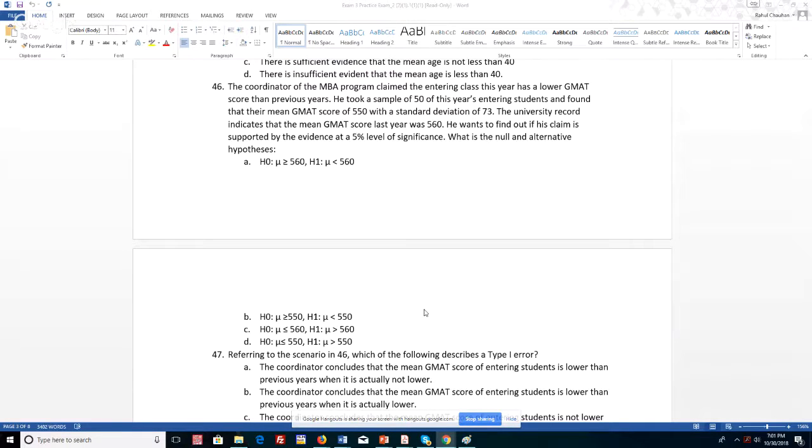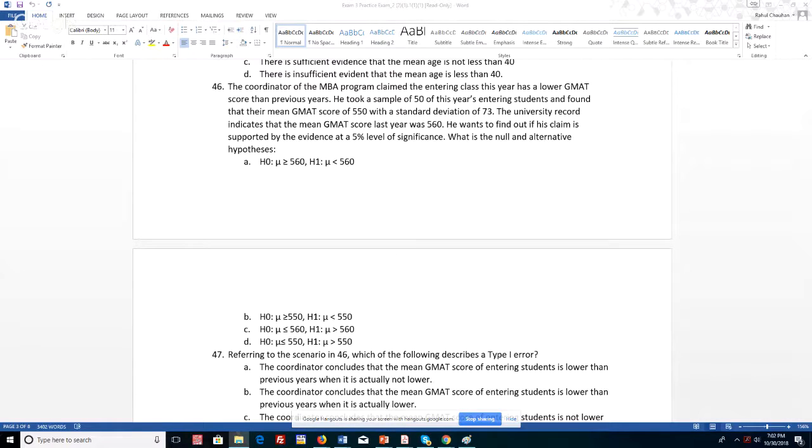Okay, 46. All right, so the coordinator of an MBA program claimed that the entering class has a lower GMAT than previous years. He took a sample of 50 and found that their mean GMAT score was 550 with standard deviation of 73. The university record indicates that the mean GMAT score last year was 560. He wants to find out if his claim is supported by the evidence at a 5% significance level.